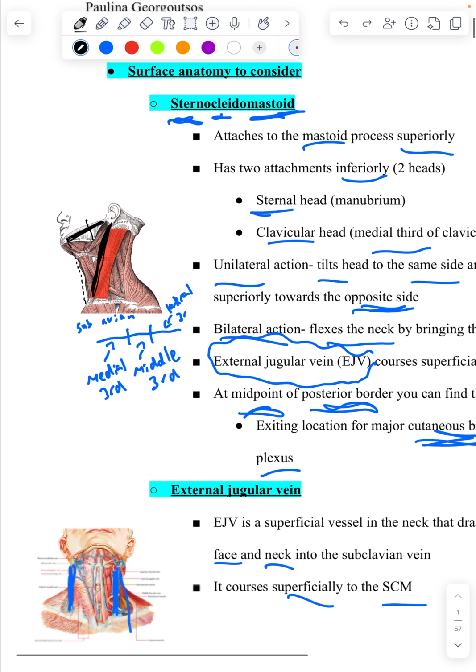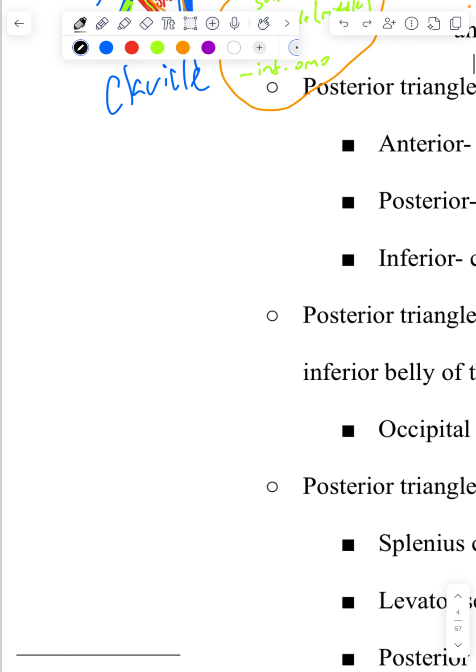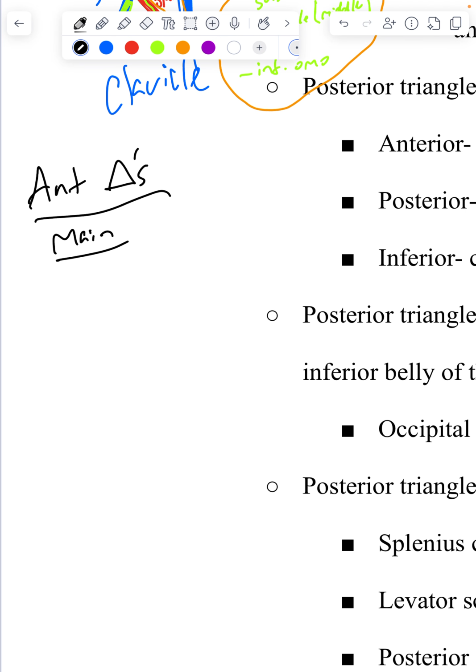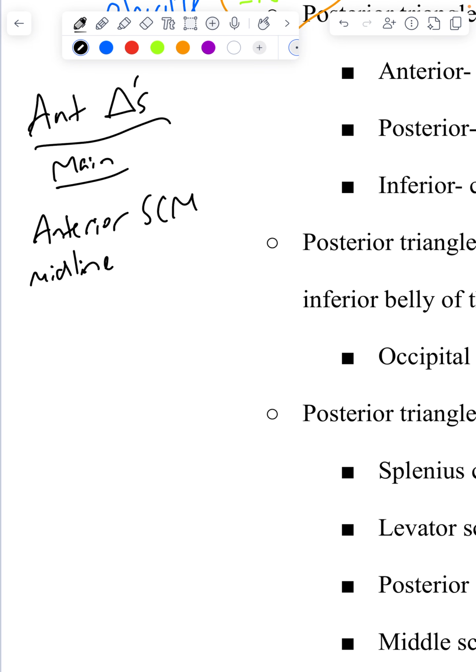So, for anterior triangles, sorry if this is annoying, moving back and forth. I'm just trying to make sure that this makes sense. So, anterior triangles, the main big triangle's borders, we haven't split it up yet, are going to be the anterior SCM, the imaginary midline that we made, and then the mandible, technically the inferior of mandible.